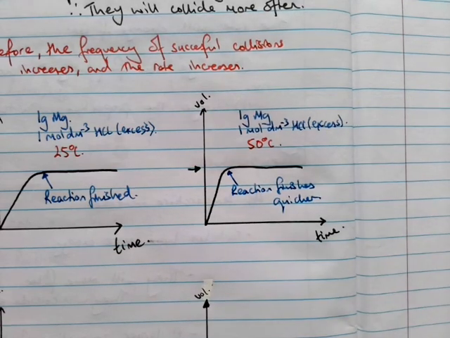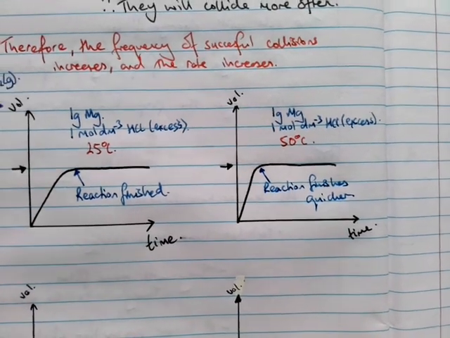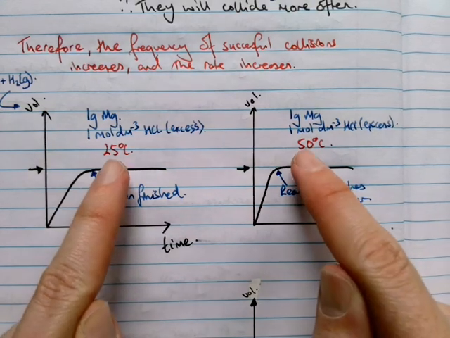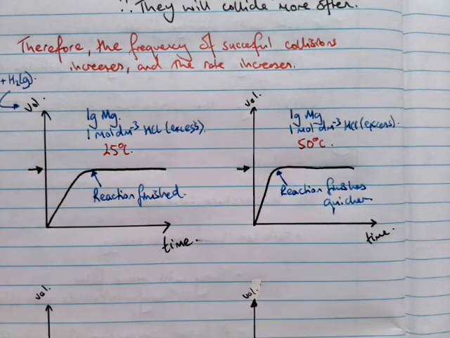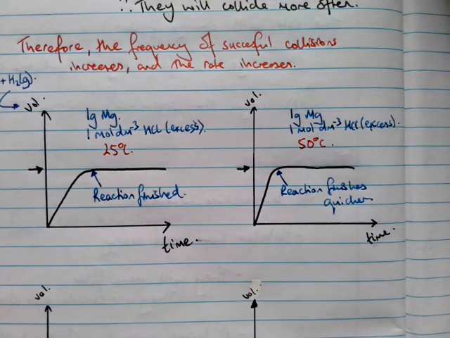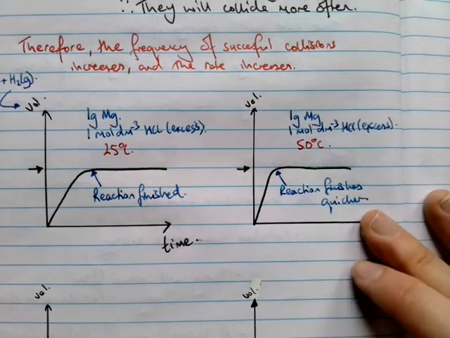Okay, and it's really important that you realise, by looking at these two graphs, increasing the temperature doesn't give you any more gas. It gives you the same amount of gas quicker. All right, so you increase the rate, you don't get anything more, you just get the same stuff but sooner. Okay? So let's have a go at another one.